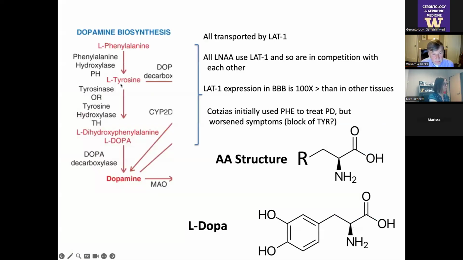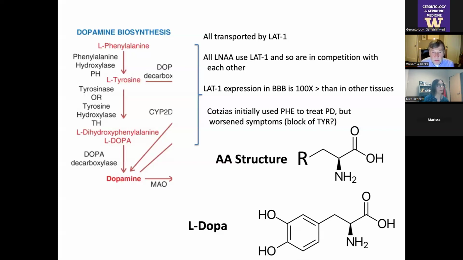L-phenylalanine is converted to tyrosine, tyrosine is converted to L-Dopa, and then that's finally converted to dopamine. All three of these are transported by the large neutral amino acid transporter, or LAT1. LAT1 is expressed about 100 times more in the blood-brain barrier than in other tissues, and therefore you have a specific brain delivery system for these.